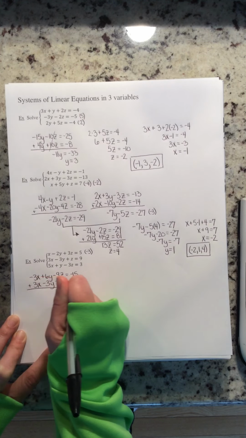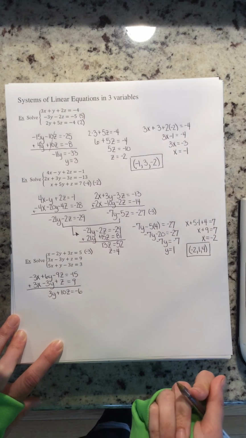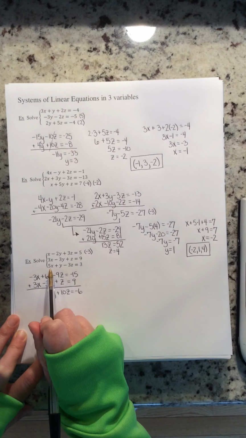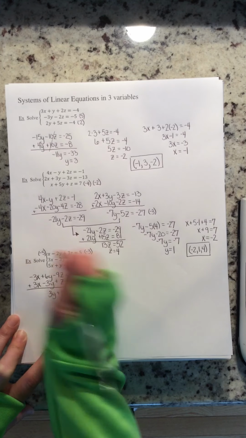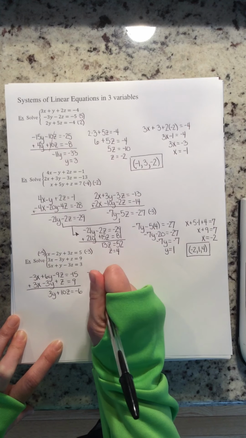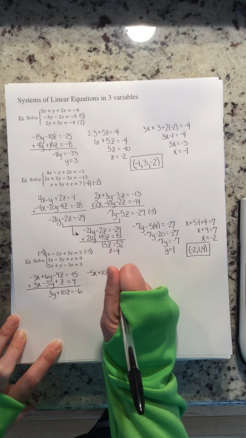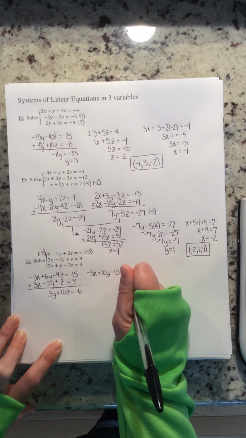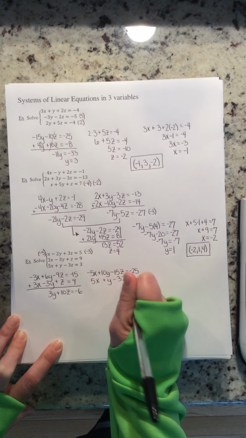Now when I add, x eliminates, and I get 3y plus 10z is equal to negative 6. Now looking at the bottom equation with the 5x, I'm going to go back up to the top again, but this time I'm going to multiply everything by a negative 5 to get negative 5x plus 10y minus 15z is equal to negative 25, leaving the bottom alone, and now adding.